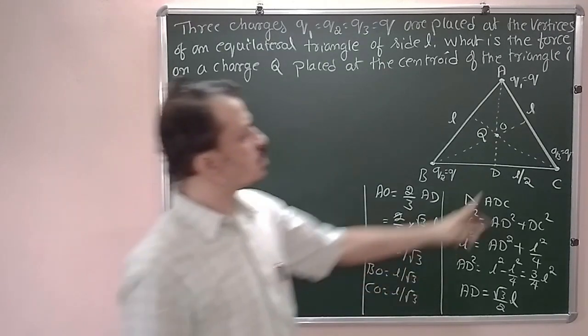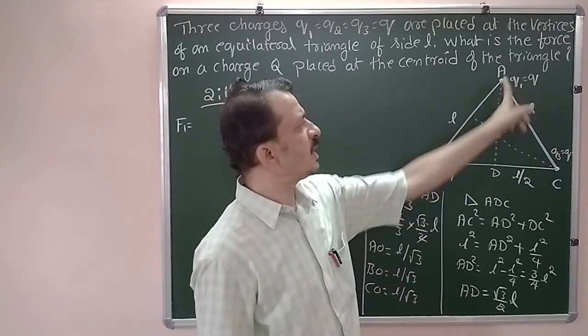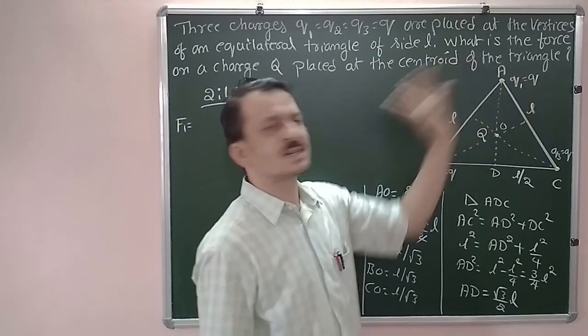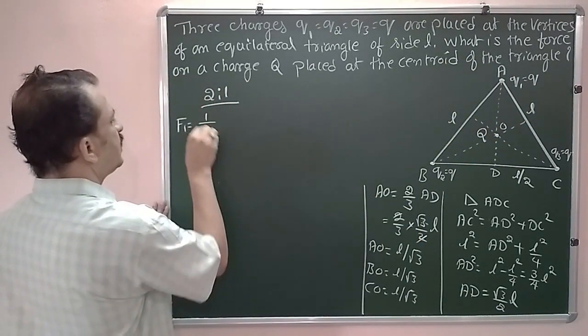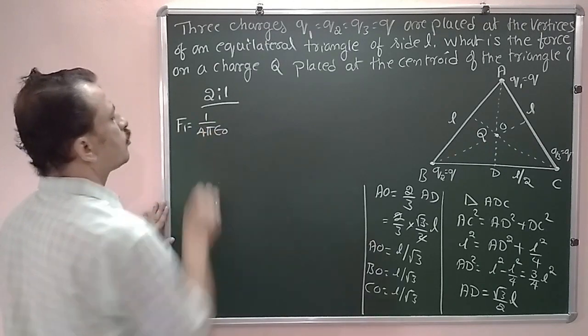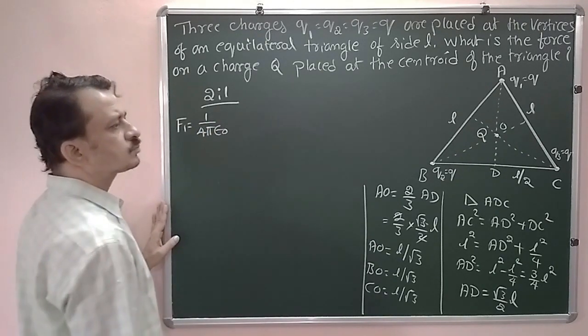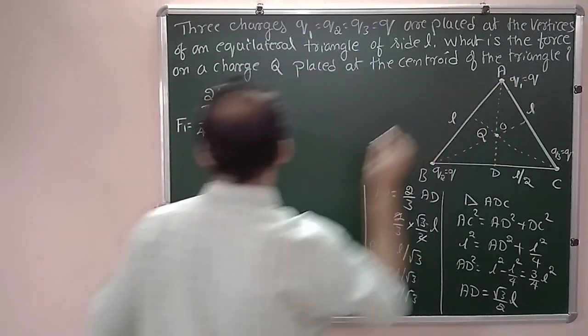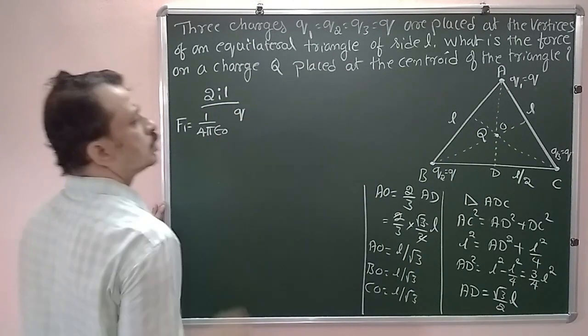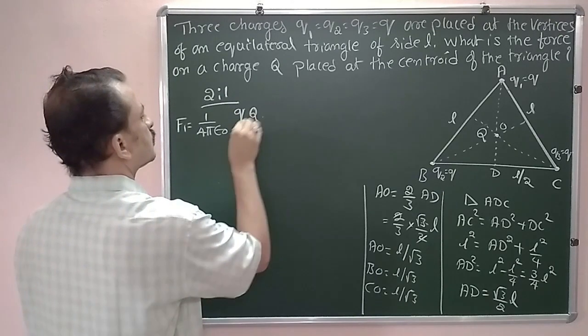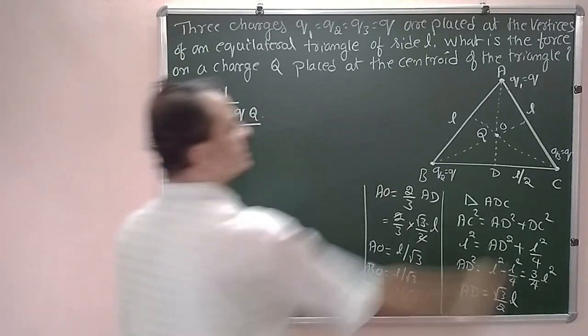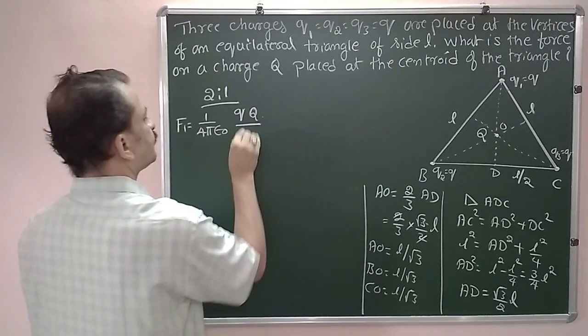Now F1 is the force between the capital Q charge and the small q charge which is placed at the vertex. So that is given by 1 divided by 4 pi epsilon naught Q1, that is small q, Q2, that is capital Q charge, divided by distance AO square.